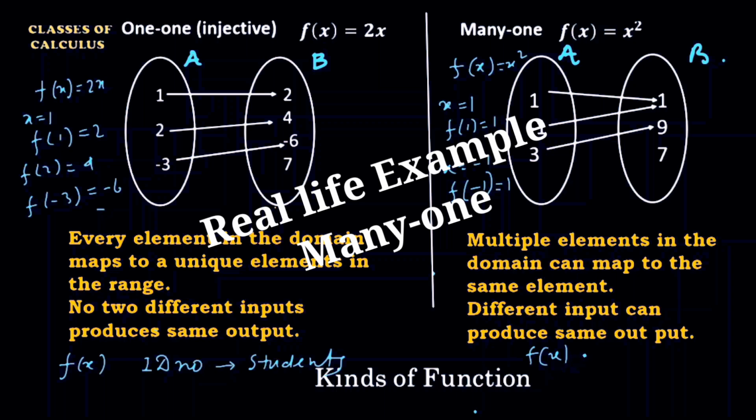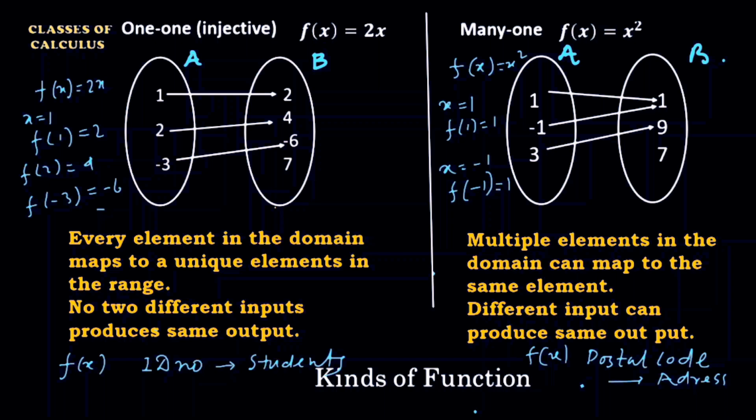If f(x) represents the function that assigns a postal code to addresses, then it is a many-one function because many addresses have one postal code. So it is many-one.